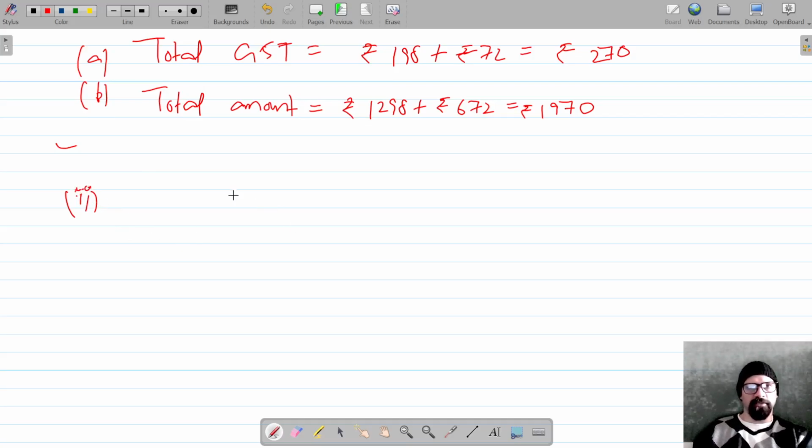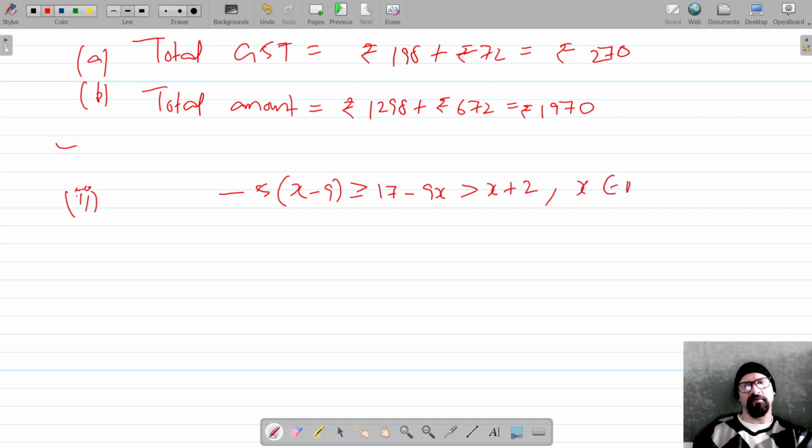So the inequality is minus 5 into x minus 9 is greater than or equal to 17 minus 9x, which is greater than x plus 2, and x is a real number.